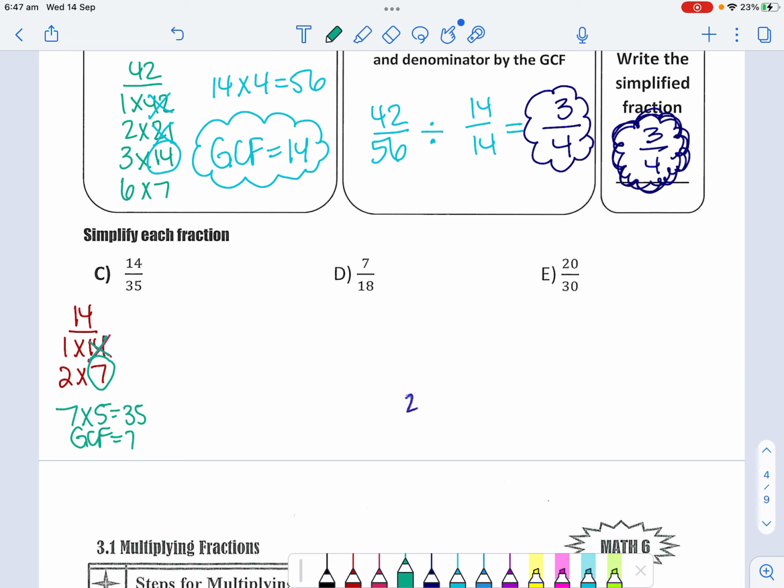That means my GCF is 7. And now I'm going to go back up to my original fraction, and I'm going to do my division symbol because I'm going to simplify by dividing by 7 over 7. The same thing on top as there is on the bottom. Okay, whatever you do to the top, you also have to do the exact same thing to the bottom. So 14 divided by 7 is 2, and 35 divided by 7 is 5. So 2 over 5.